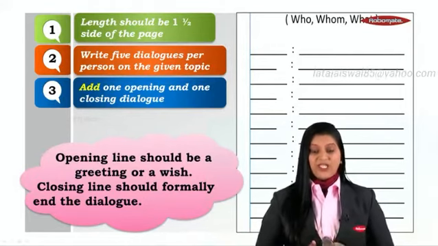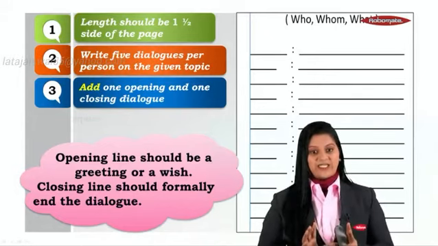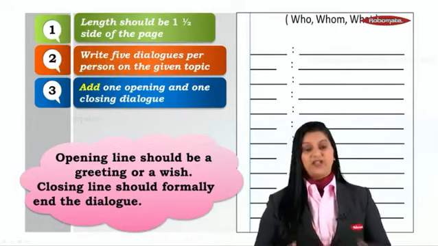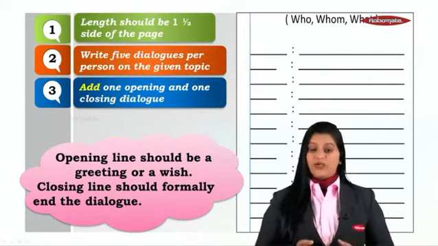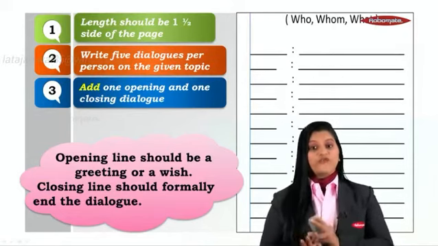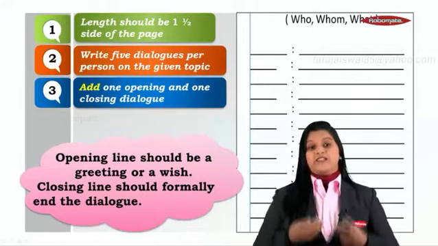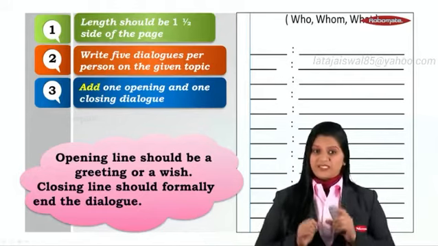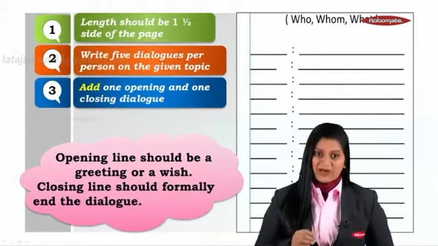Something of that sort, because you don't start any conversation just like that directly. You first greet each other and only then you start your dialogue. And when you end your dialogue, the closing line should formally end the dialogue. That is, by reading this closing line, the teacher knows that you have completed your dialogue. Otherwise, it might look incomplete, right?